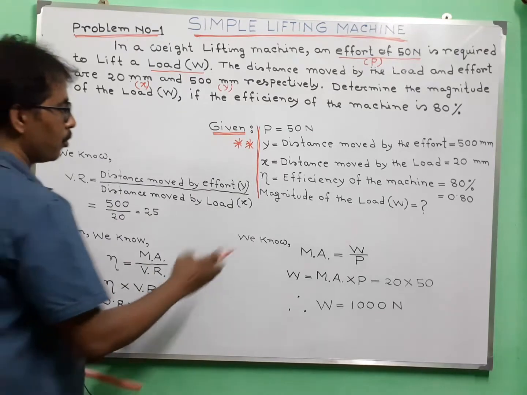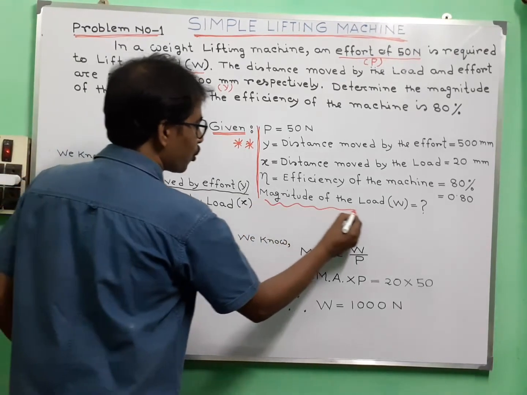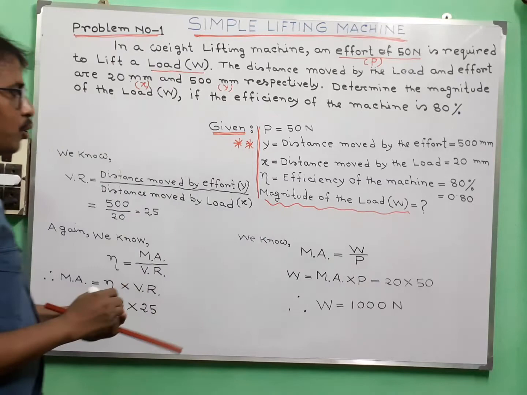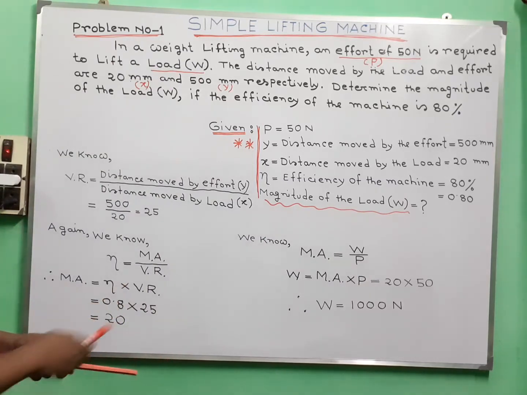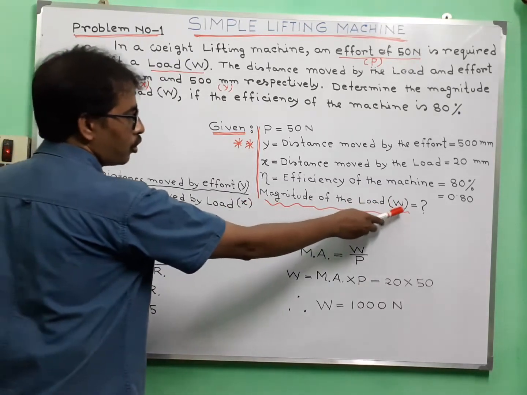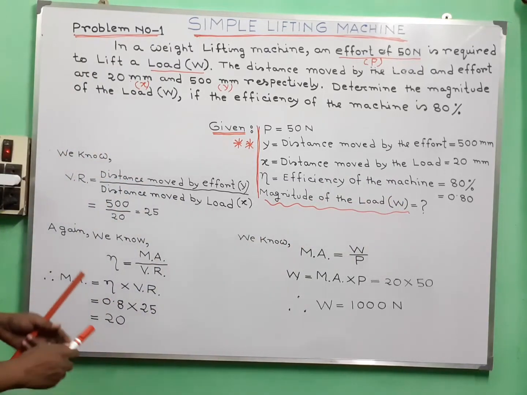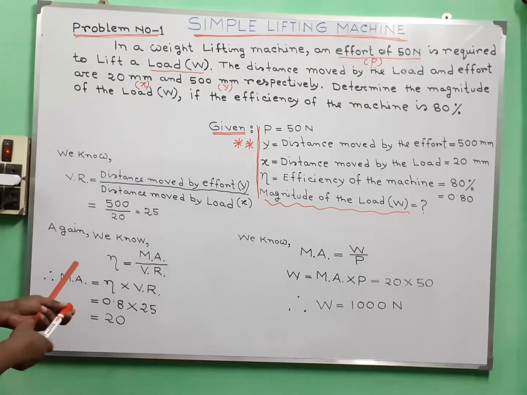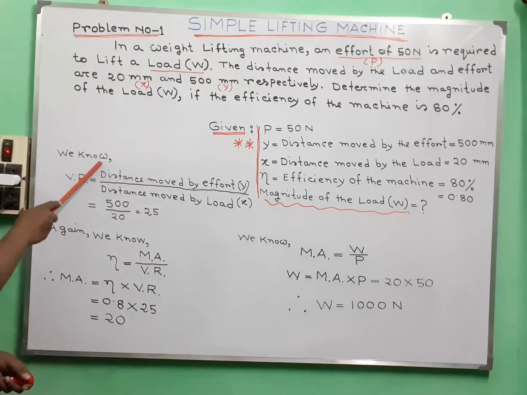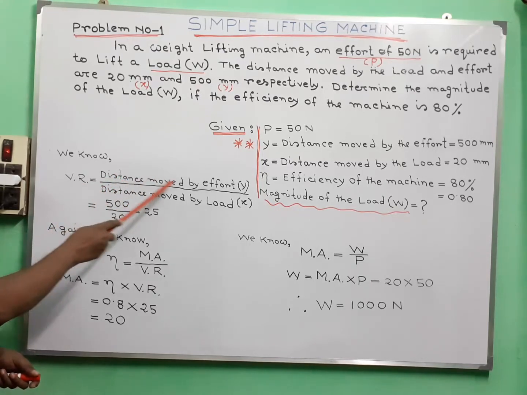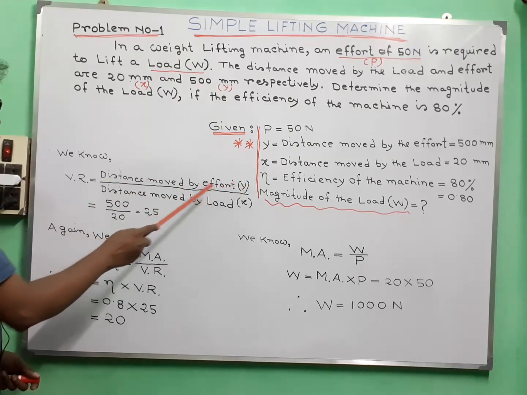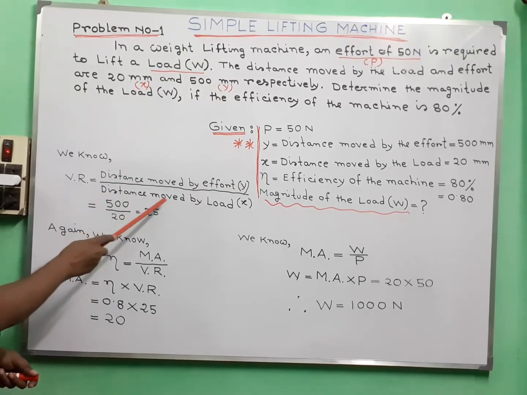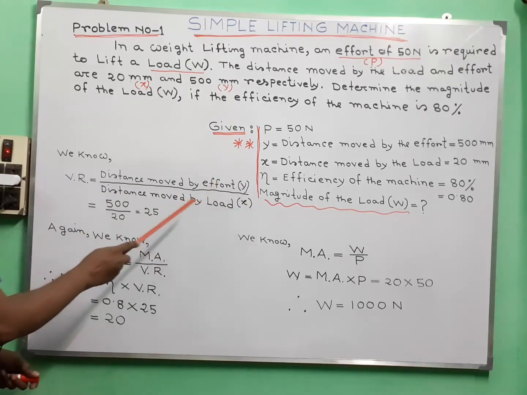We find out the magnitude of the load W. Now we know velocity ratio. What is the definition of velocity ratio? Distance moved by effort y by distance moved by load x.